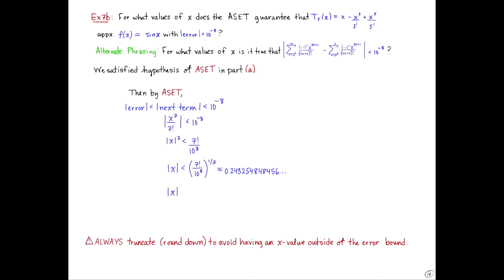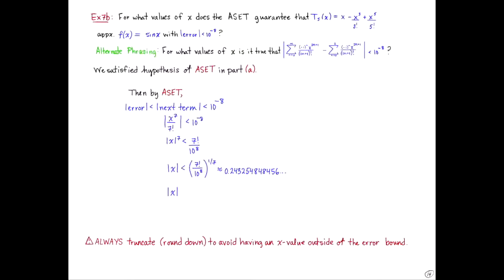But what if we rounded down? If we rounded down and said, oh, absolute value of x less than 0.2, then would you feel comfortable absolutely guaranteeing that as long as x was between negative 0.2 and positive 0.2, that the error would be less than 10 to the negative 8th?